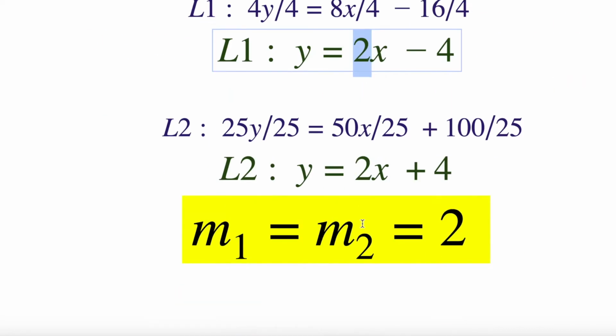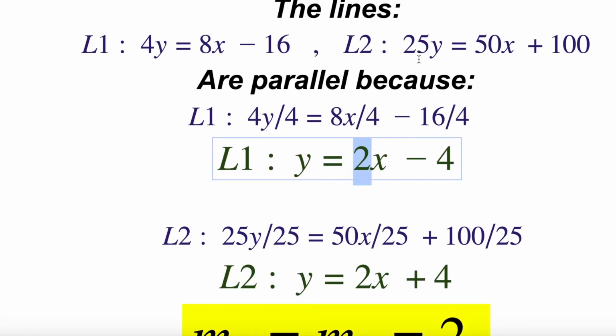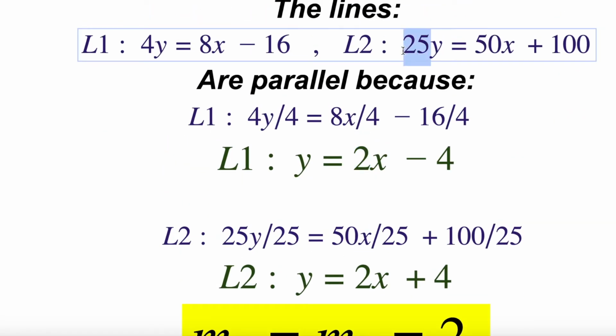What about the second one? The coefficient of y here is 25. You need to divide by it. You should isolate y. y should be alone. It shouldn't be 25y. So I need to divide everything by 25 because y is multiplied and the opposite of multiplication is division.